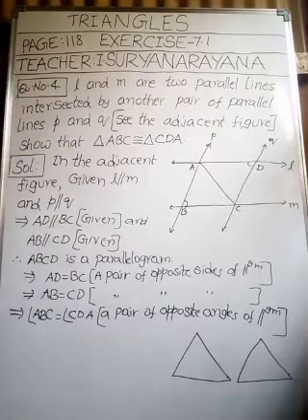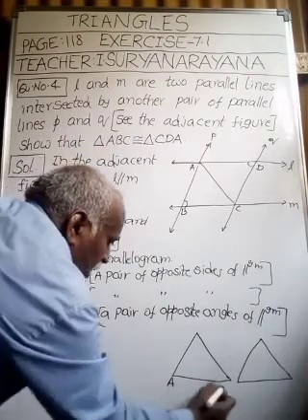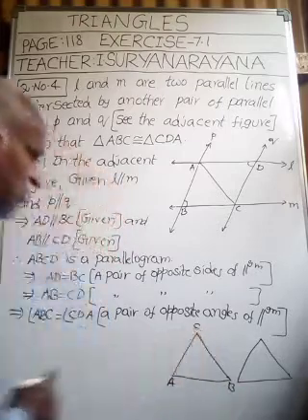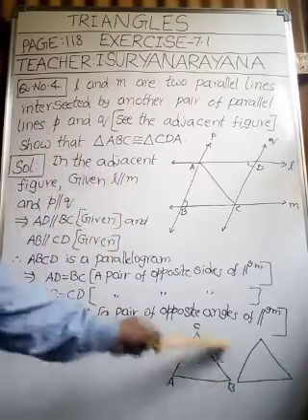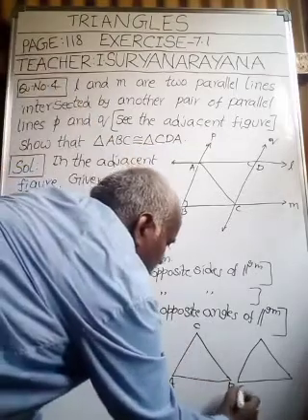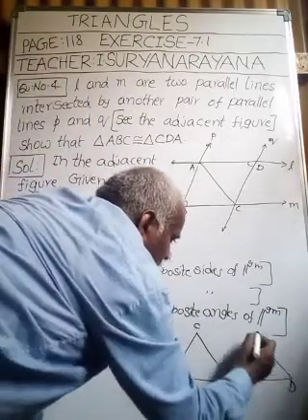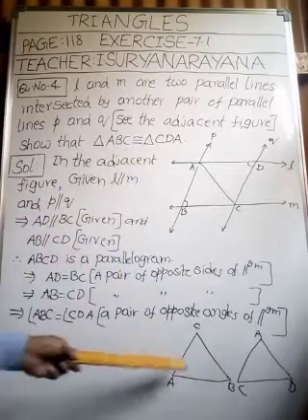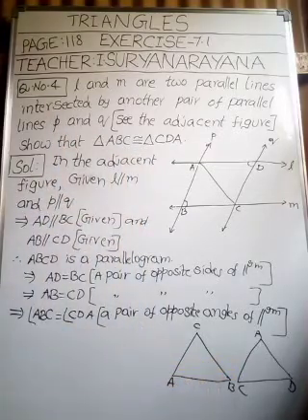We should write the vertices in the same order. A, B, C. From this vertex we started in the anti-clockwise direction. Similarly here C, D, A. Understood these two triangles, my children?